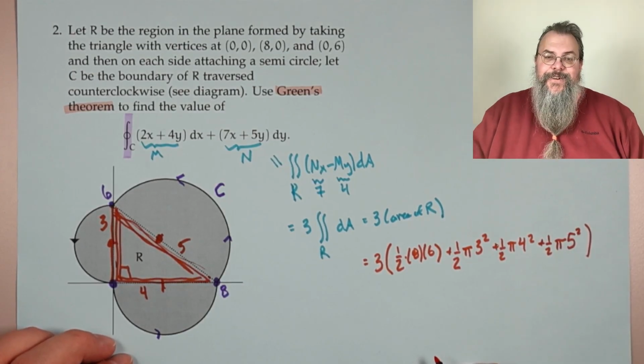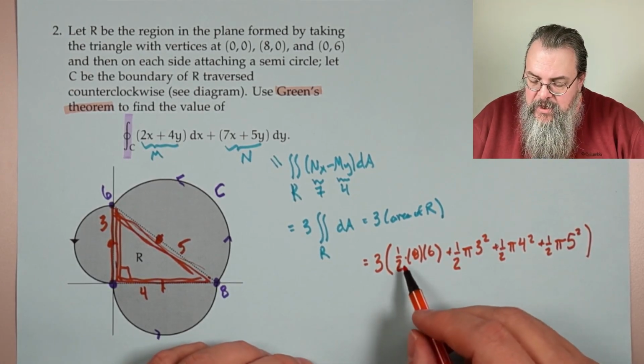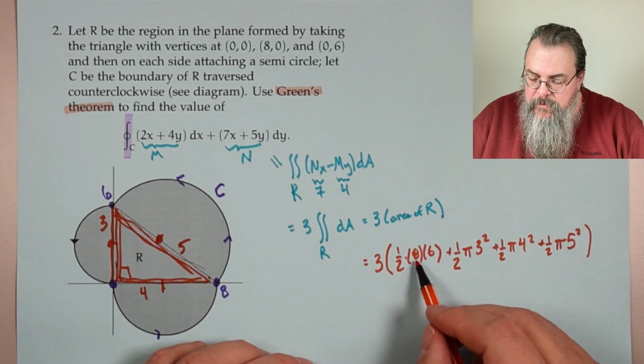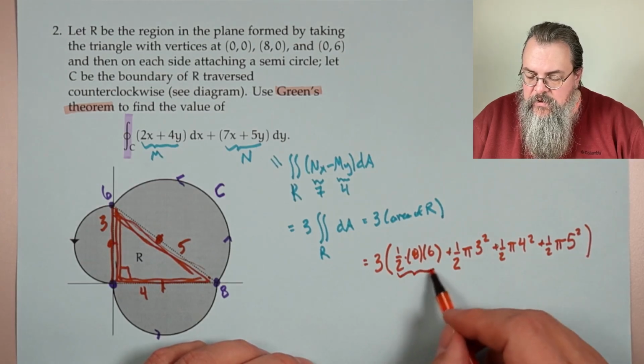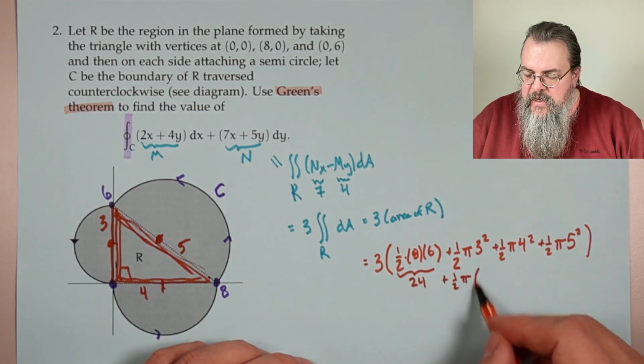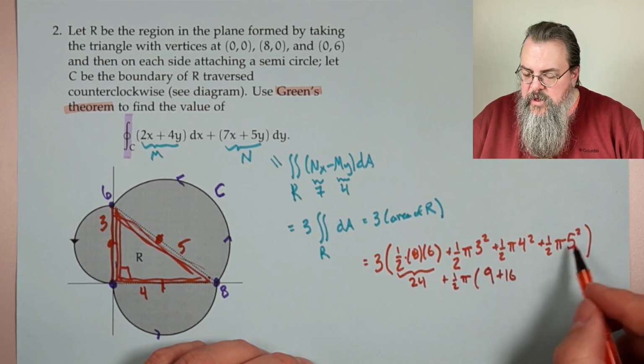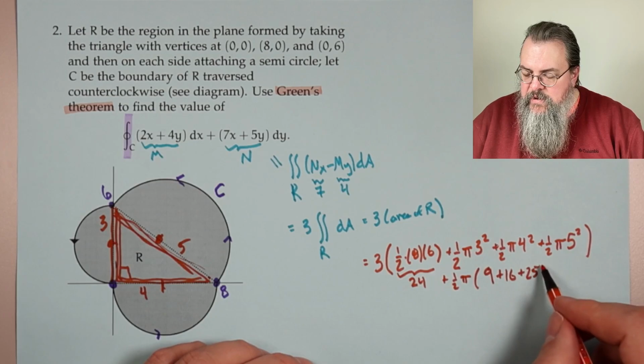All right, so there we go. Now let's see if we can clean this up a little bit. 1/2 times 8 is 4, times 6 makes 24. And here we can pull out a 1/2 pi. Then we'll get 9 plus 16 plus 25.